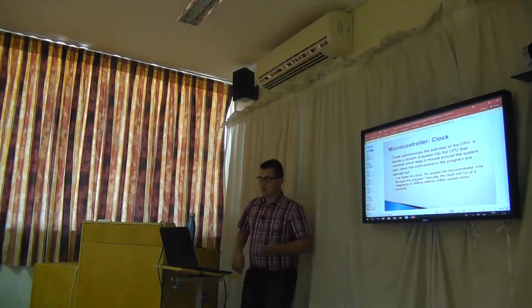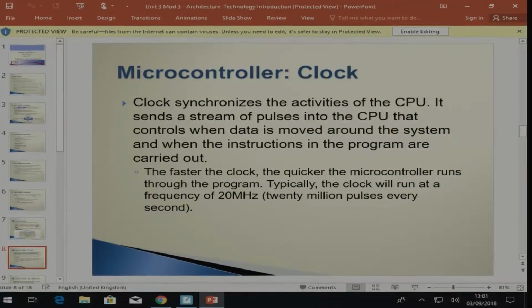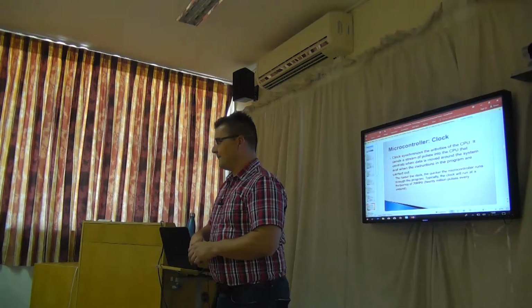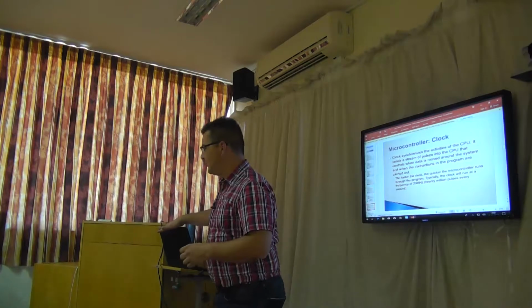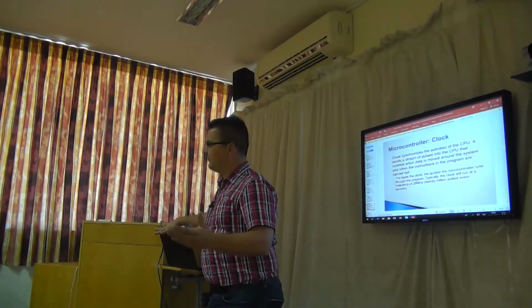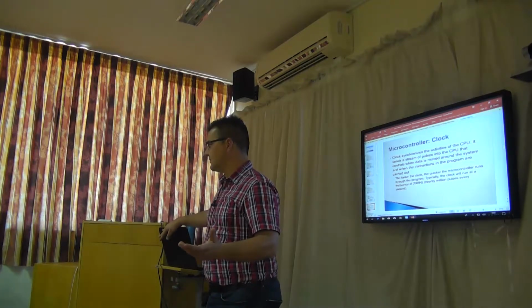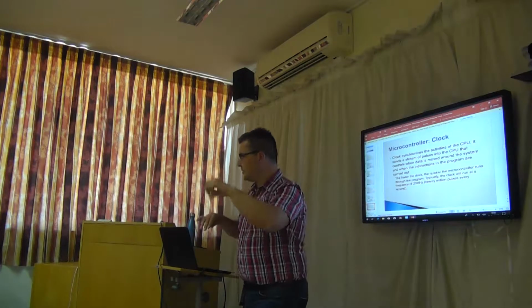Okay, then there's a quick mention about the clock inside the microcontroller. What does your CPU clock do? A modern CPU clock in a laptop can range between probably 1,000 megahertz to probably about 4,000 megahertz. That depends on the version. But what does that clock actually do?